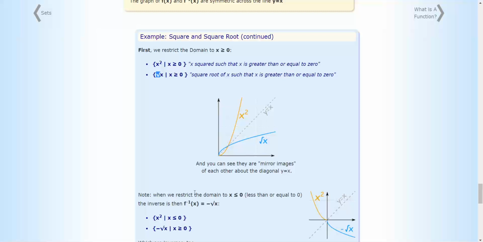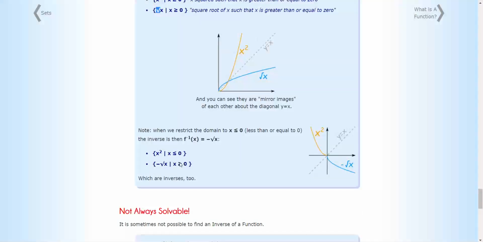Note, when we restrict the domain to x less than or equal to 0, the inverse is then the negative square root of x, where the inverse of x squared has x less than or equal to 0, and the inverse domain is greater than or equal to 0.